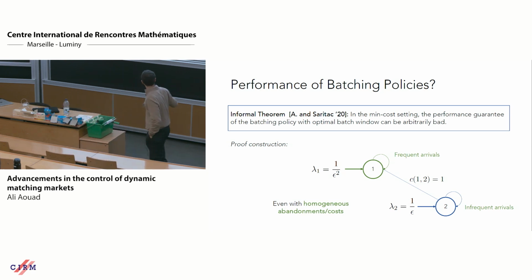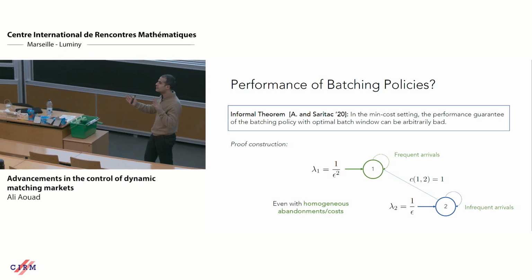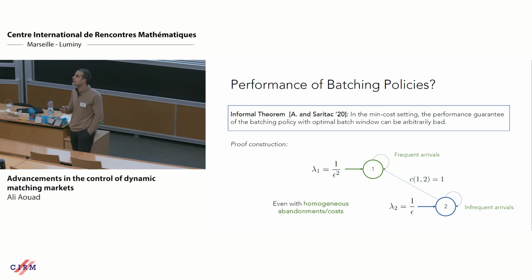So, well, you cannot pick a batching window that would work for both types of agents at the same time, and you will be incurring some costs by matching agents 1 with 2 sufficiently frequently that it leads to high costs. And I think it's quite simple to fix batching for this particular type of instance, but it tells you something.